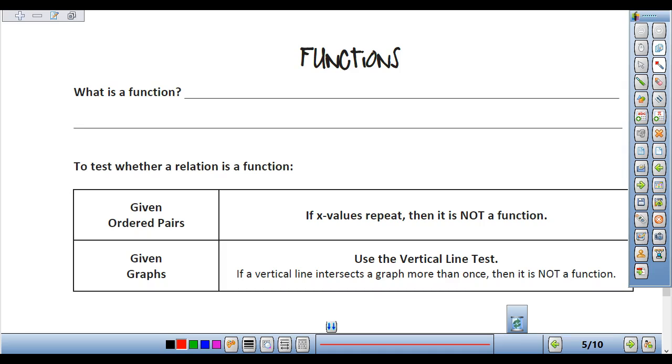All right. So first of all, a function is a special relationship between values.